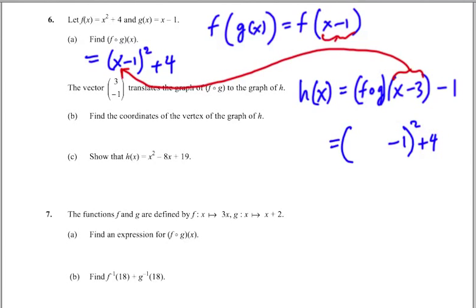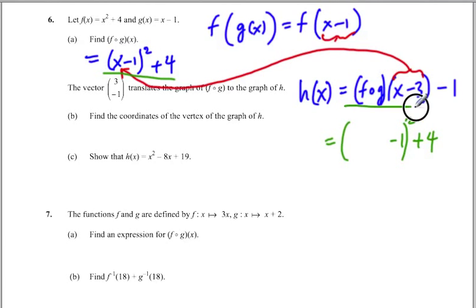Actually, I'm going to do it in a different color, so that it makes sense. Let me use green for a second. First, I'm focusing on this function here. Instead of this x, we're going to take that something, and I'll write what that something is in a second, minus 1, squared, because I'm just following that, and then plus 4.